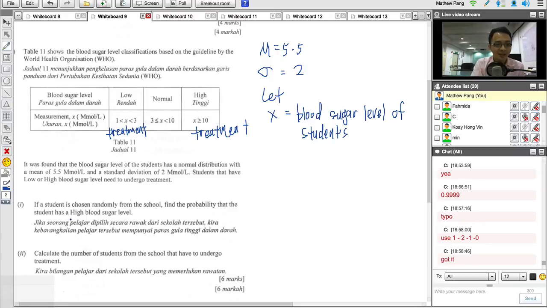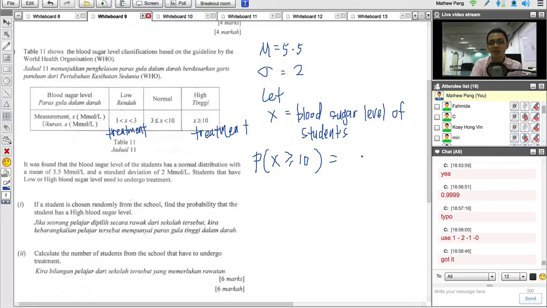Then, if a student is chosen at random from the school, find the probability that the student has high blood sugar. That means the blood sugar level must be bigger than or equal to 10, based on the statistics here.